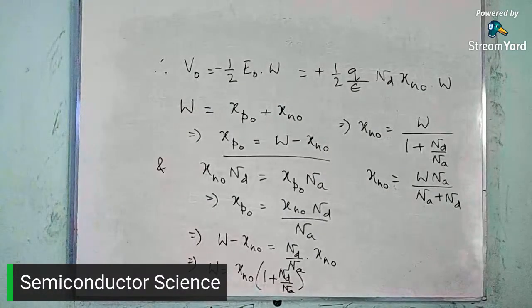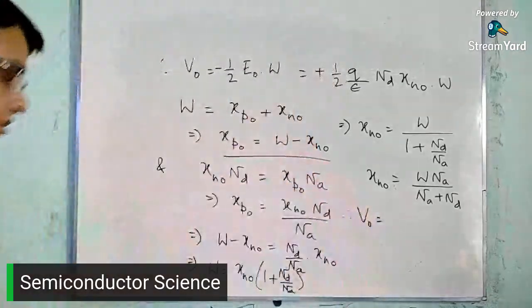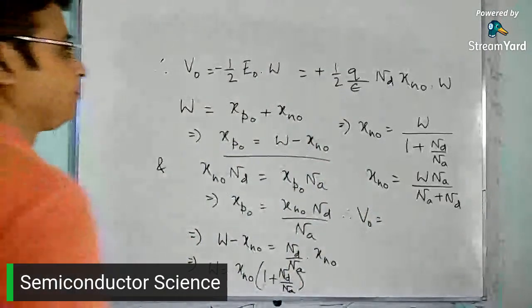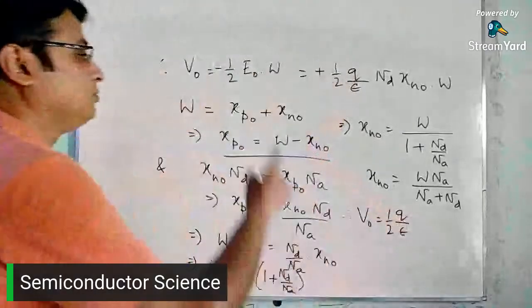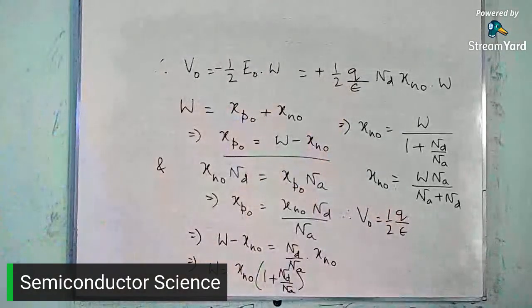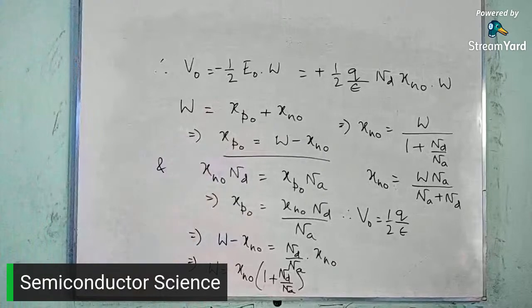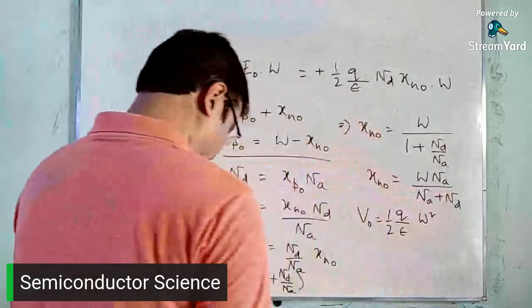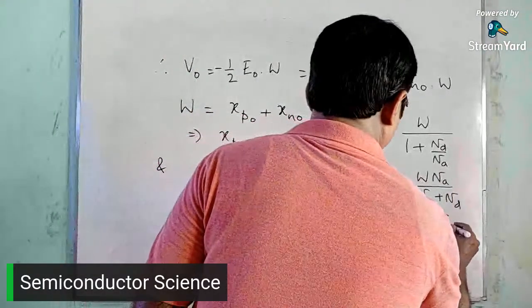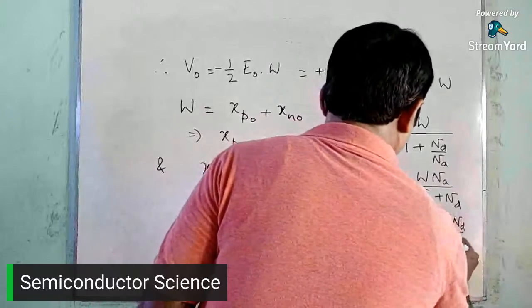So therefore, what is V0? Therefore, you can find V0 as half Q by epsilon. Now, putting the value of xn0 as W NA by NA plus ND, you will find W square NA into ND by NA plus ND.